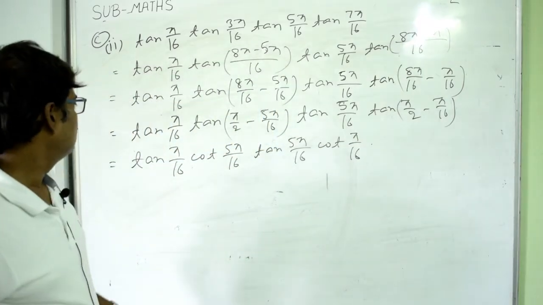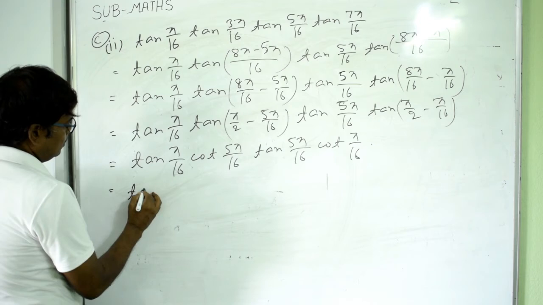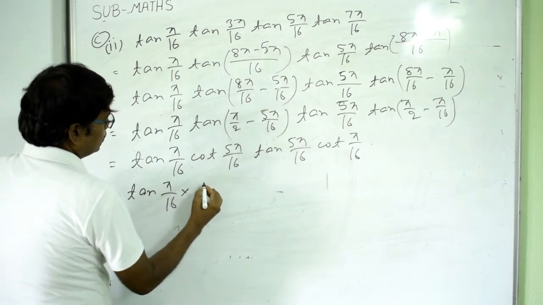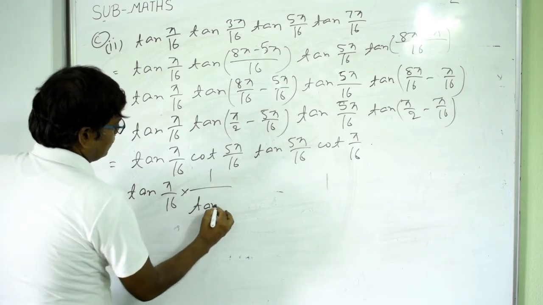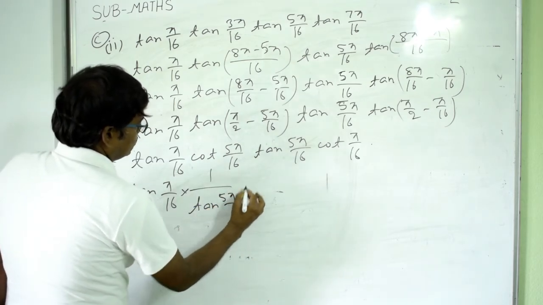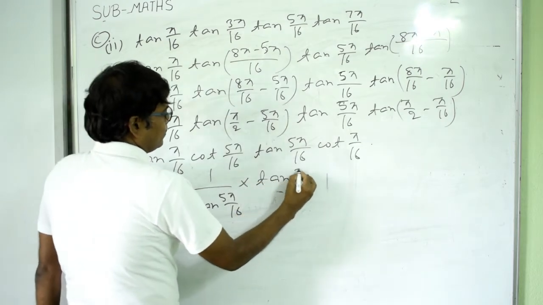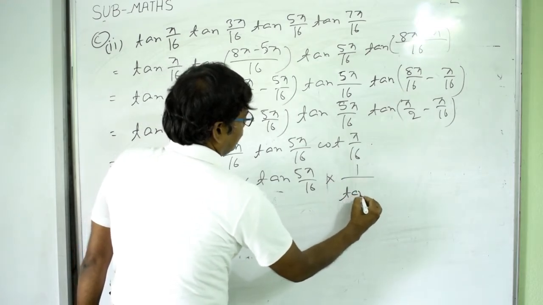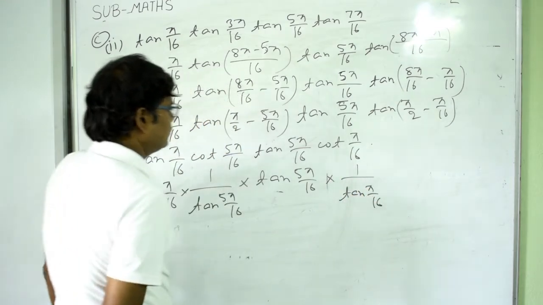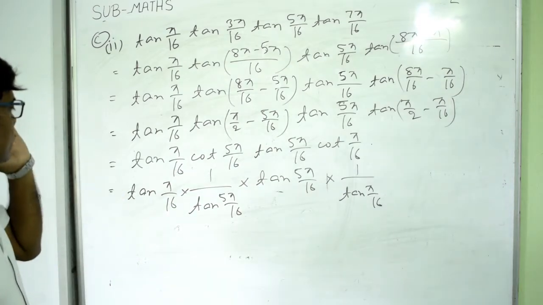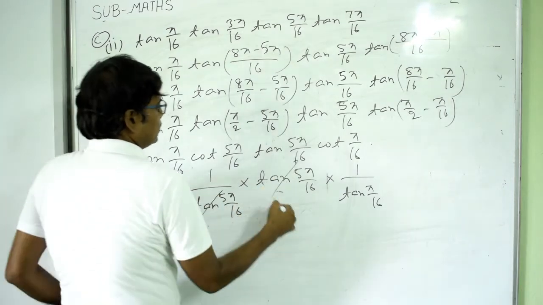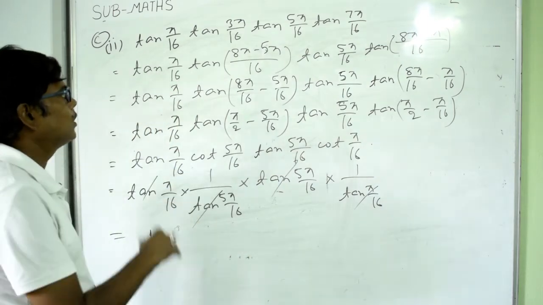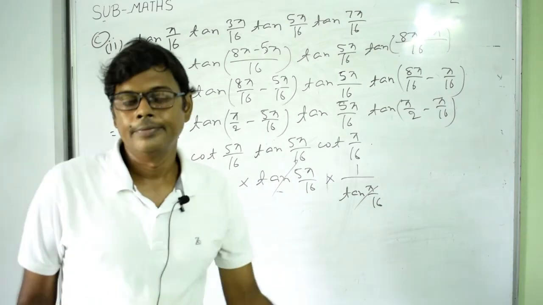Now see that here it is 10 pi by 16, and convert this into tan, so it will be tan 5 pi by 16 into again 1 by tan pi by 16. So now this and this will cancel, and this also cancels, then the answer is 1. Okay, so the answer of this question is equal to 1.